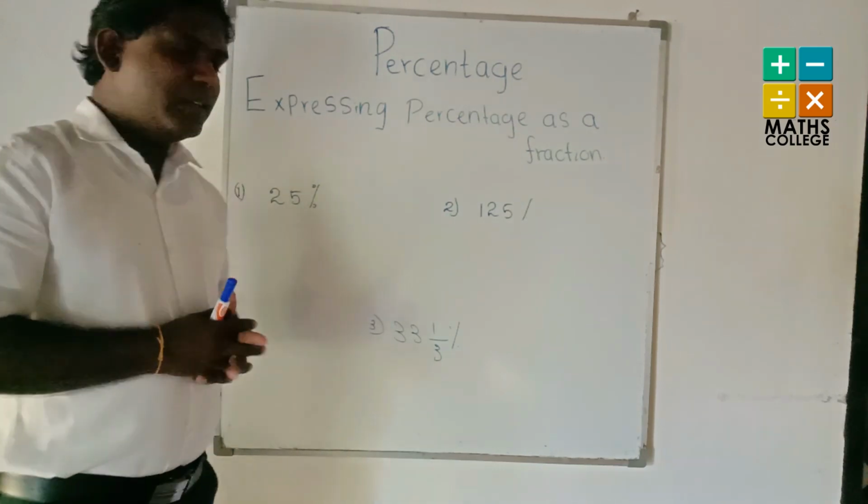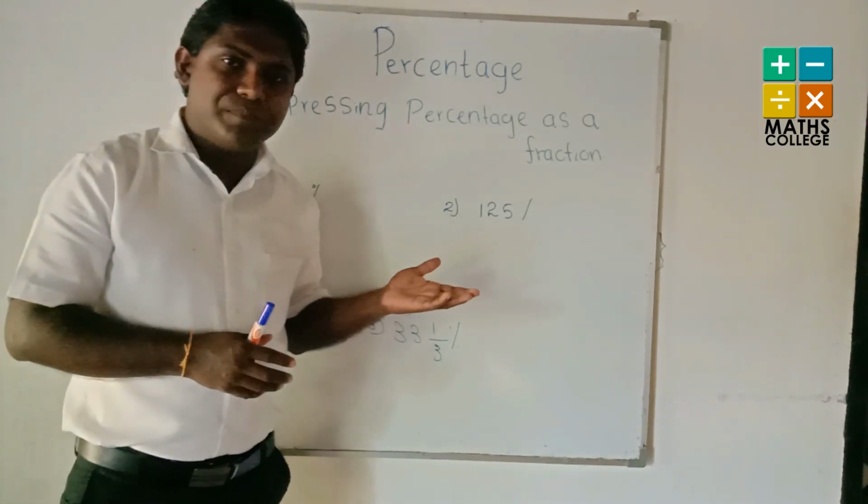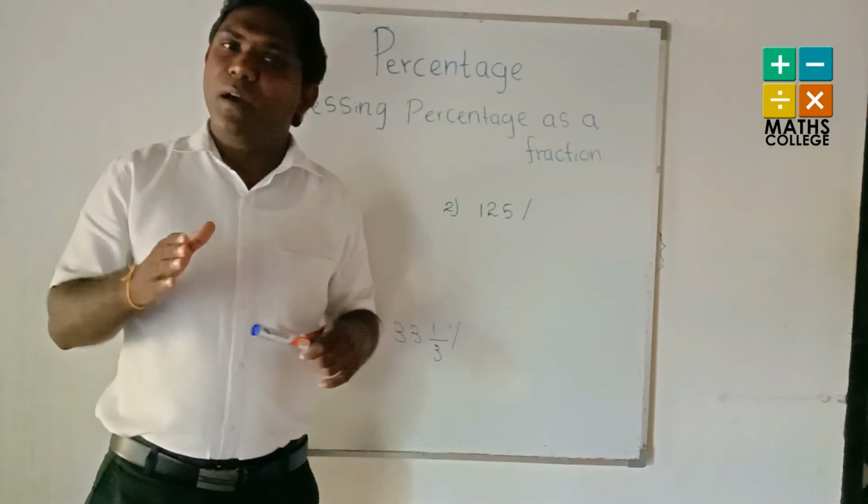I consider here 3 examples of how to write a percentage as a fraction. You know this symbol meaning is 1 upon 100.